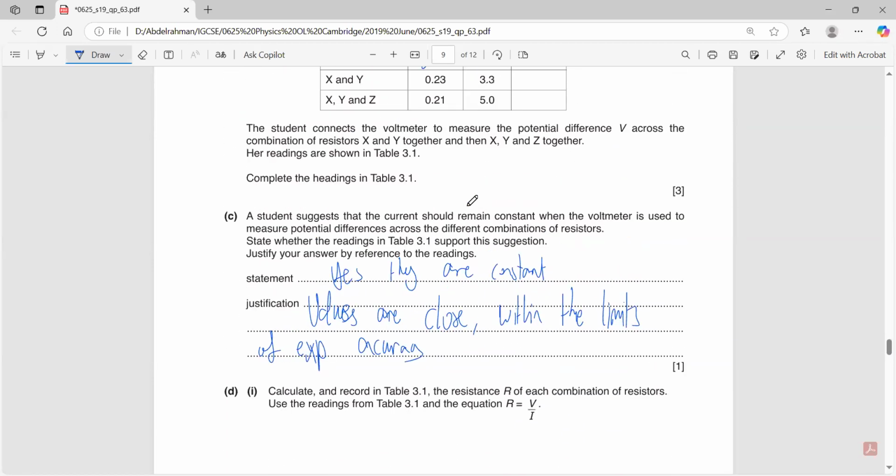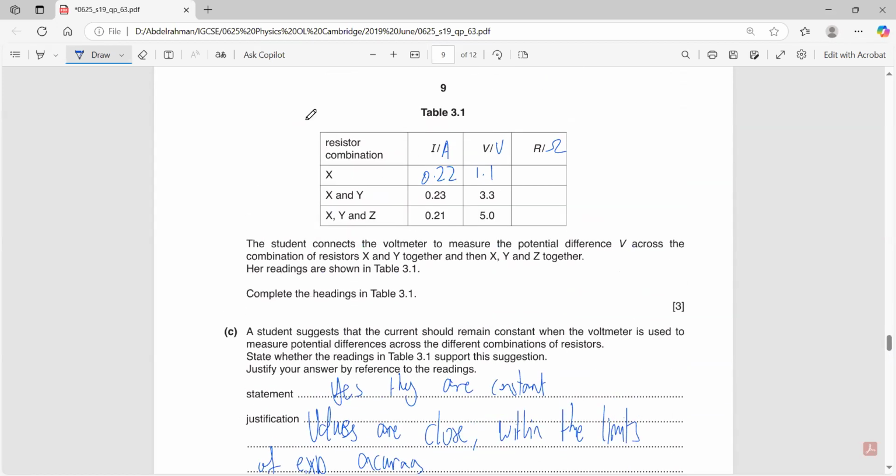Can I find the resistance of each of these combinations? Yes. 1.1 divided by 0.22. This is 5.0, right? 3.3 divided by 0.23, which is 14 ohms.